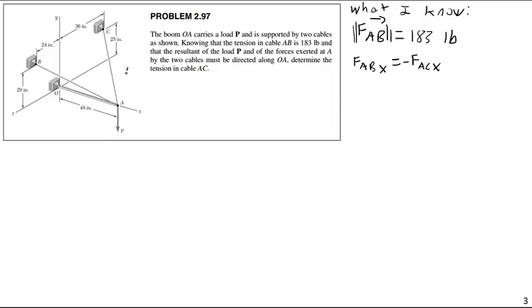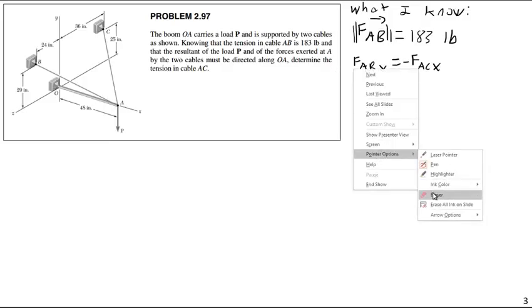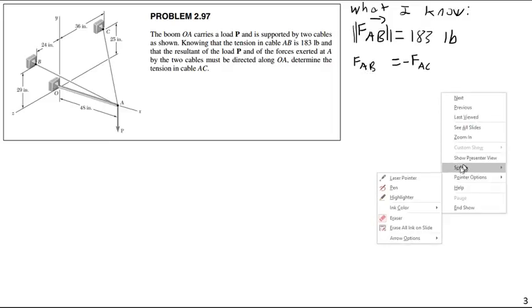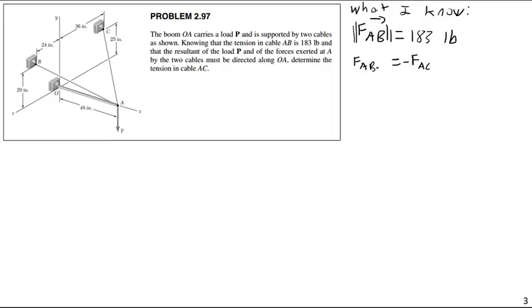See, this force P is purely vertical. This force OA is purely along the x-axis. Oh, did I write that down wrong? Yeah, I did. That should say Z. That should be FABZ equals FACZ. So the Z component of the force AB must be equal to the Z component of force AC. They have to be in balance. There is nothing else to balance them, so clearly they must be equal.